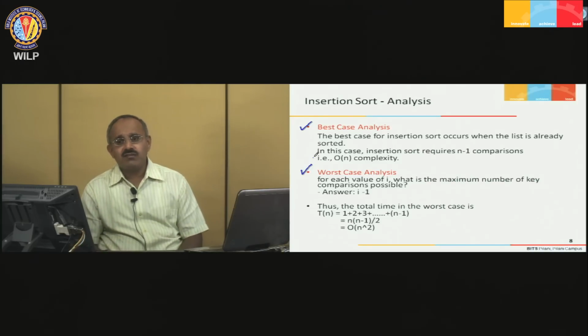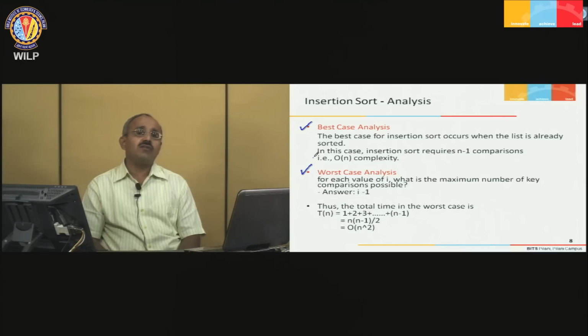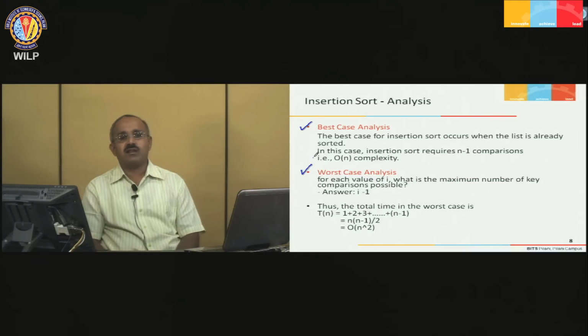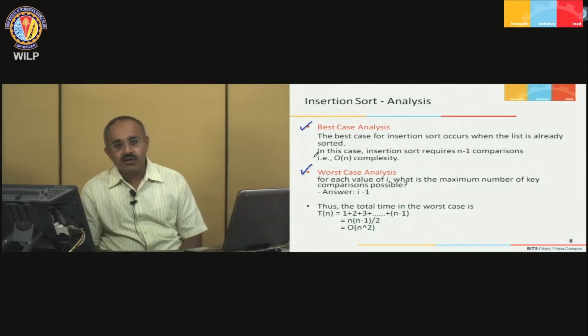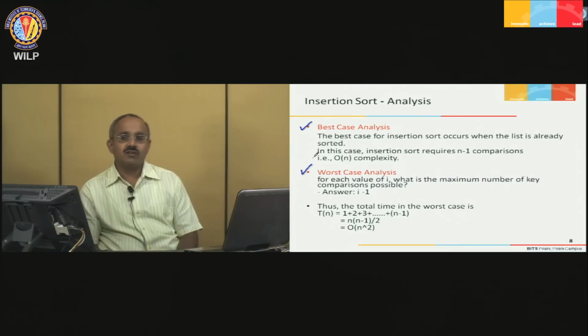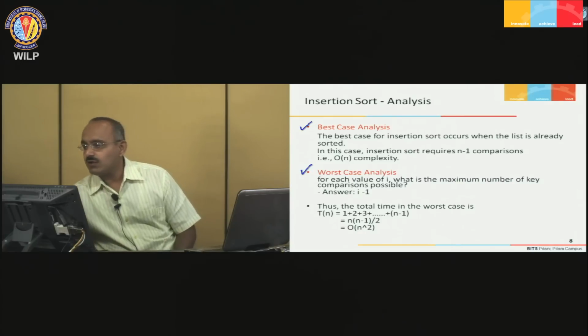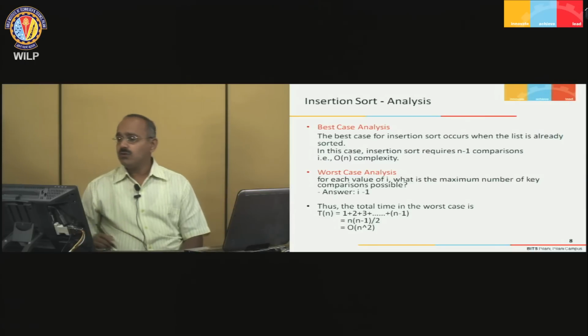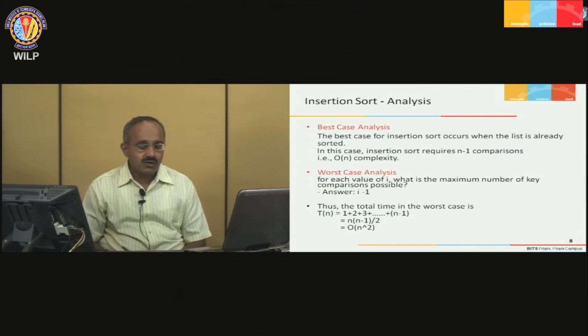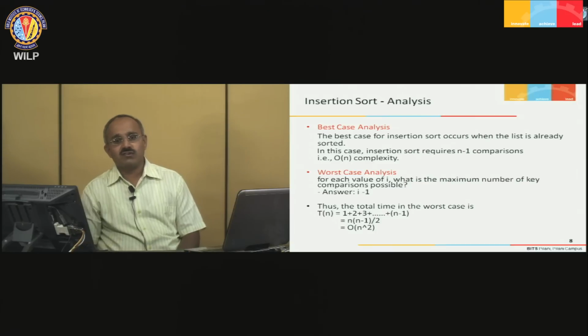So, in practice, usually worst case analysis is more useful than best case analysis, but wherever possible, we are going to do both best case and worst case analysis. So, let us look at the example and try to understand what the best case and worst case are going to be.